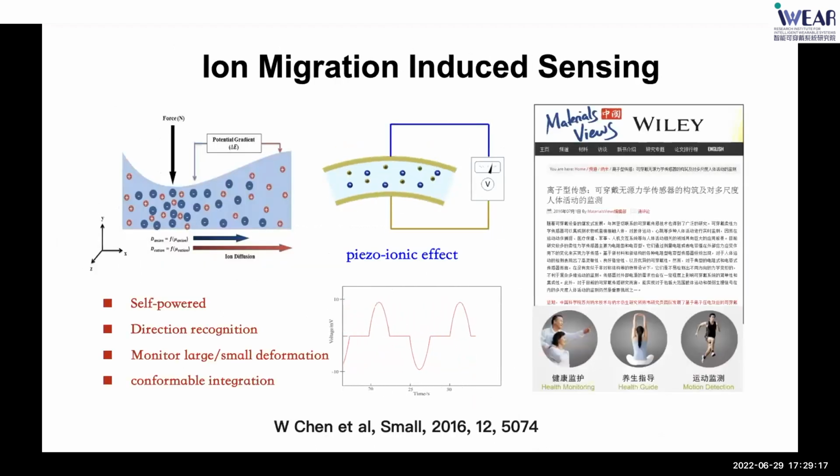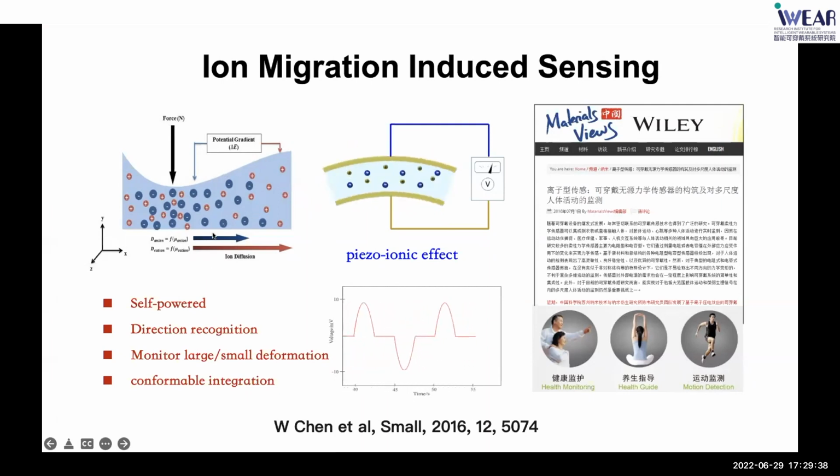Another story I want to introduce is that ion migration can achieve not only actuation, but also sensing functions. Here is a picture to show the basic principle. Here is an ionic gel.